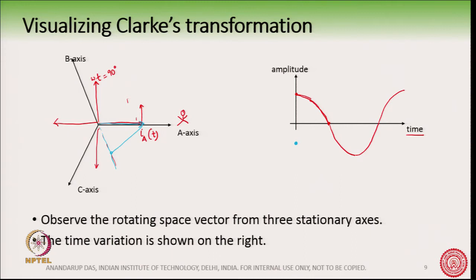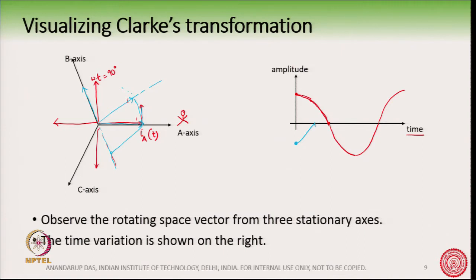Slowly, as the vector is rotating, when it comes here, the projection becomes 0, and then after another 90 degree the projection becomes maximum.